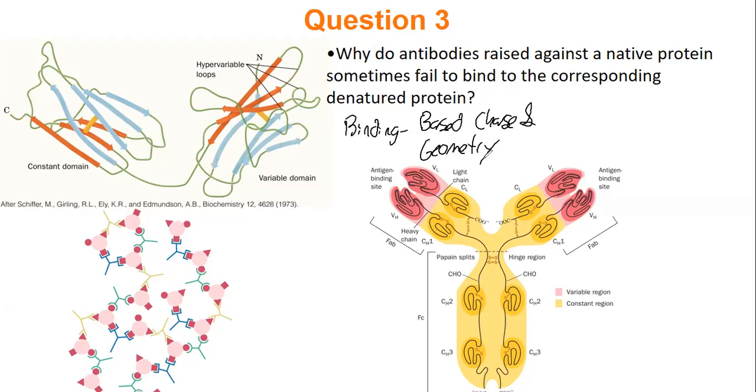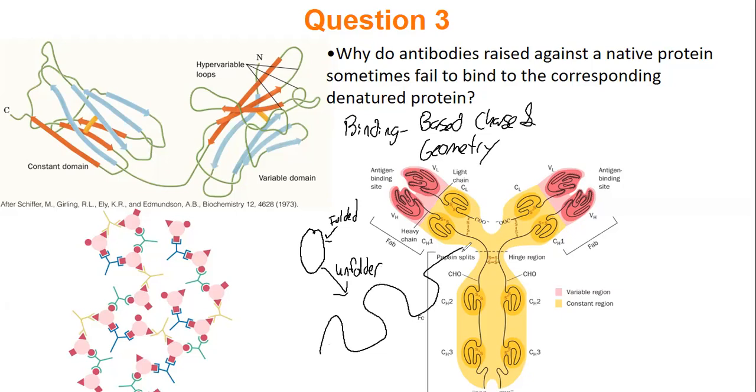So if I have an antibody that binds to a folded protein, the folded part has a specific geometry that I'm looking for, and around that has specific amino acids. Well, if I become unfolded, I become like a spaghetti string again, right?